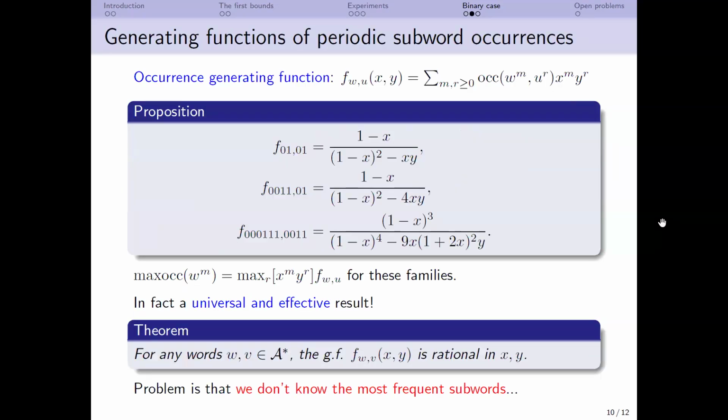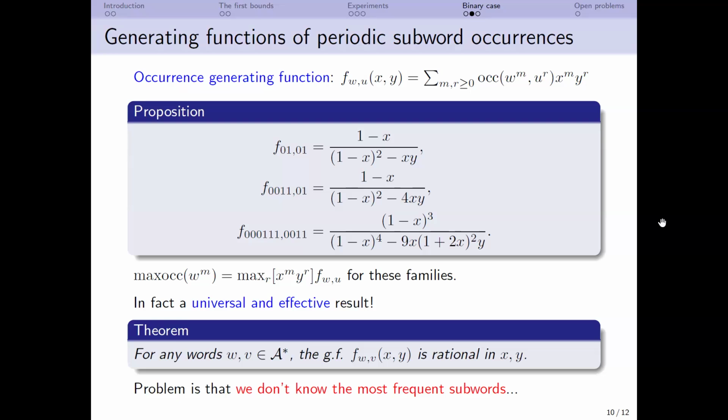And then, once we know what the most frequent subword looks like, it's totally in the realm of enumerative combinatorics. We can do it with analytic combinatorics, and it's not very difficult. First, we write the generating function for the occurrences of periodic subwords in periodic words.